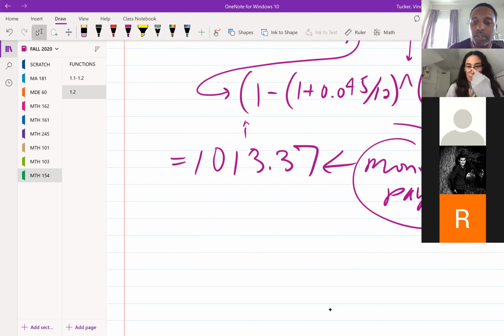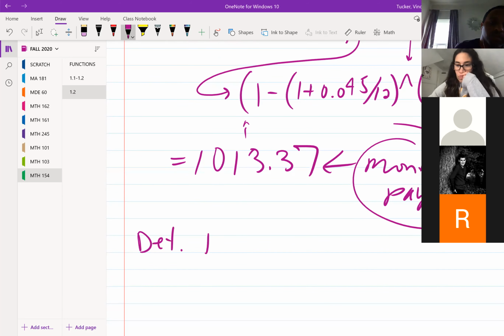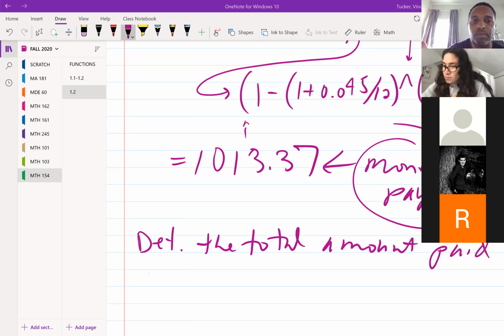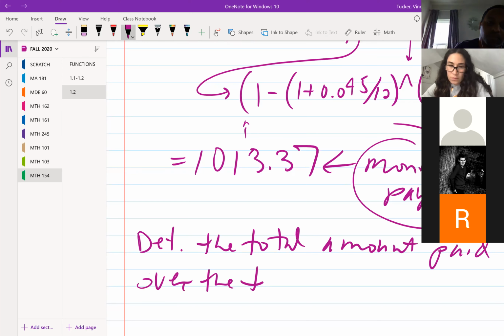In B, they want us to determine the total amount paid. All right, determine the total amount paid over the term of the loan.